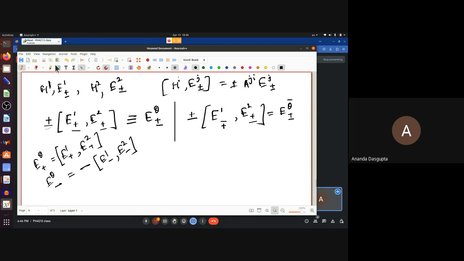So E theta plus minus and E theta bar plus minus. Two new. So we have 4 new generators already. Okay. Right? I've just named possible commutators which we have not talked about yet. Apart from this, do you have anything else?